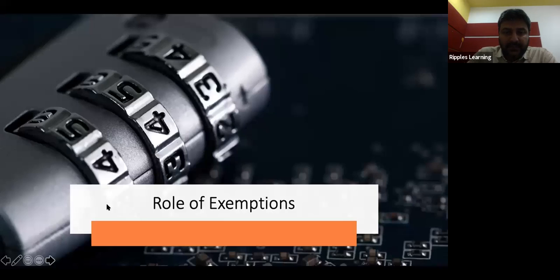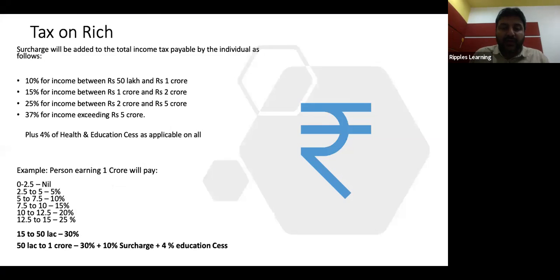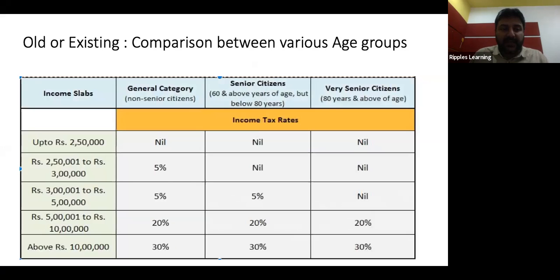Now this is something which is very, very important: the role of exemptions. We have to understand the role of exemptions. If you look at the old tax regime, you feel that the tax slabs are fewer and you are paying higher tax.